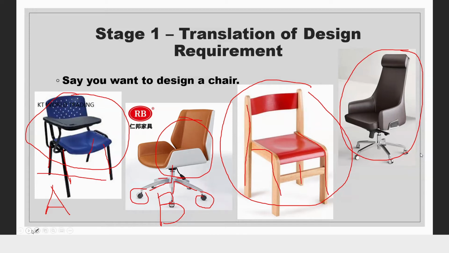Dan kita juga ada, let me find a different color. Blue. Yang ini is different component ni. Okay. Sama seperti chair yang ni. So this will be the seating arrangement. Okay. Part yang akan hold the person yang akan sit lah.